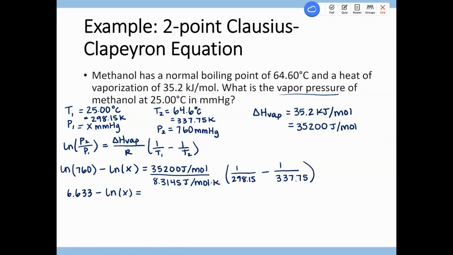Remember that you have to do what's in parentheses first. So you do 1 over 298.15 minus 1 over 337.5, multiplied by the numerator, divided by the denominator. And that whole right side is equal to 1.6648.